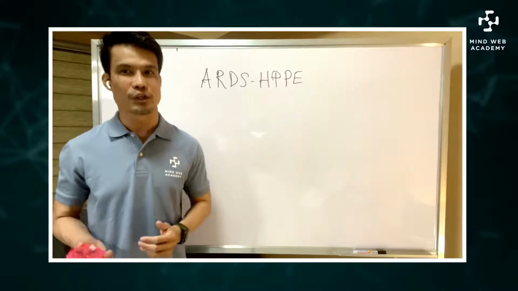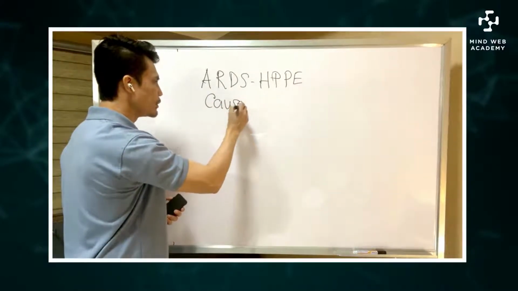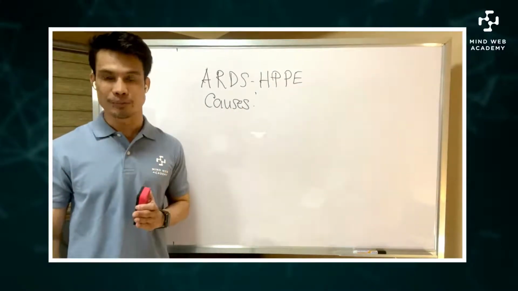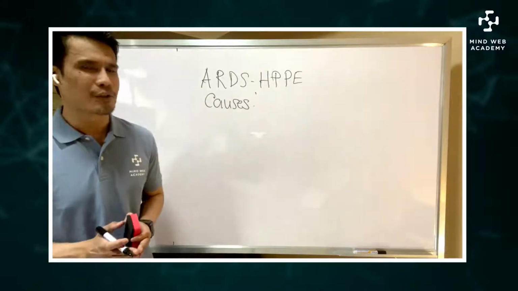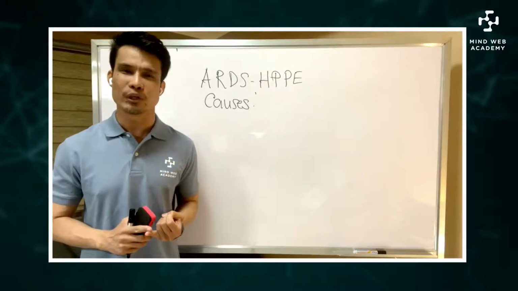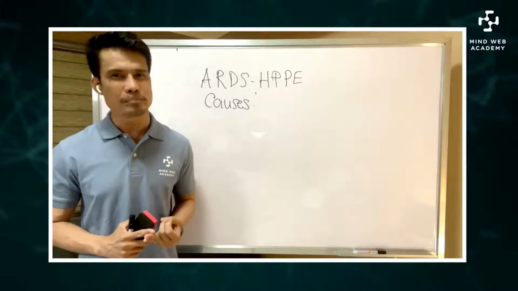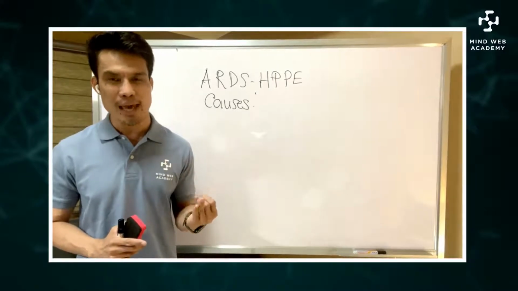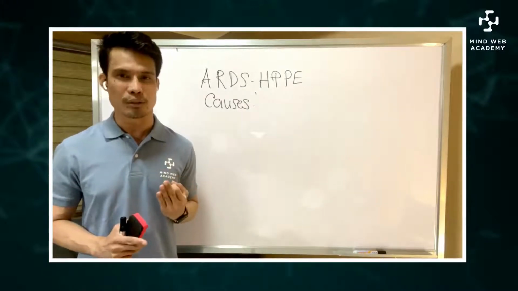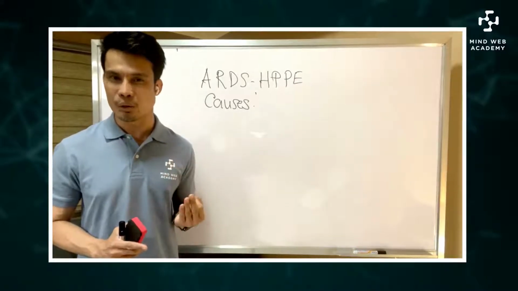Before I proceed to the pathophysiology, let me discuss the causes of acute respiratory distress syndrome. There are many causes, nurses. One is aspiration of gastric contents. The other can be reaction to drugs and toxins. The other can be metabolic in nature, one best example being DKA, or diabetic ketoacidosis.